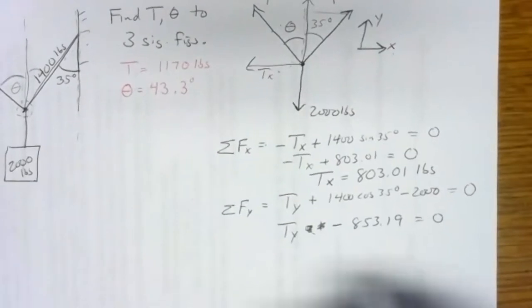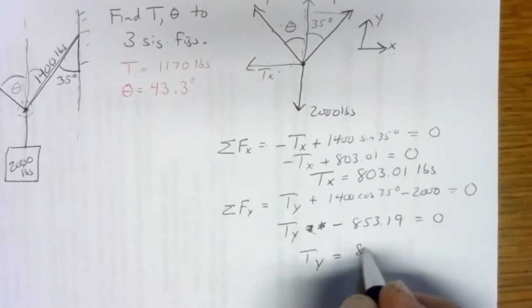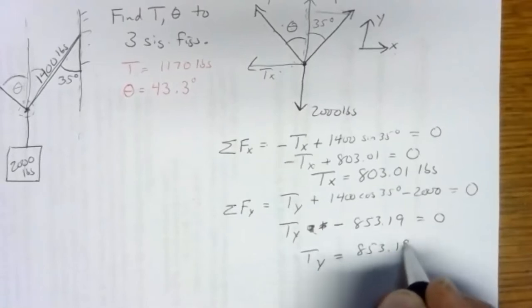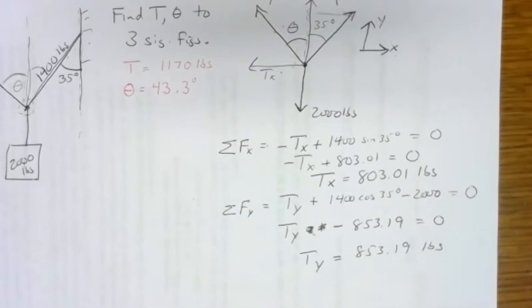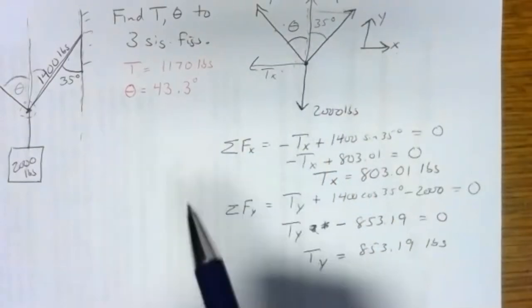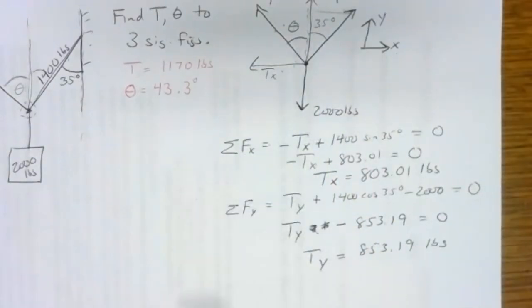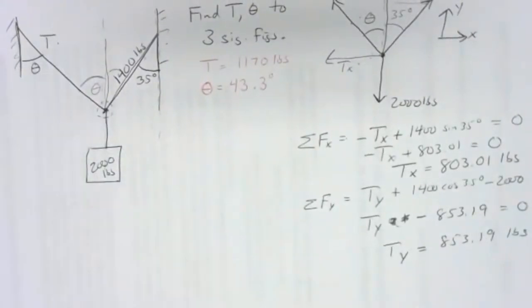And again, I'll leave the full details of the solution to you, but Ty equals 853.19 pounds. So those are our components, Tx and Ty. They both came out positive. We got our directions right. We had no choice but to get the directions right. There was only one set of directions that would work. But now we need our magnitude and direction.